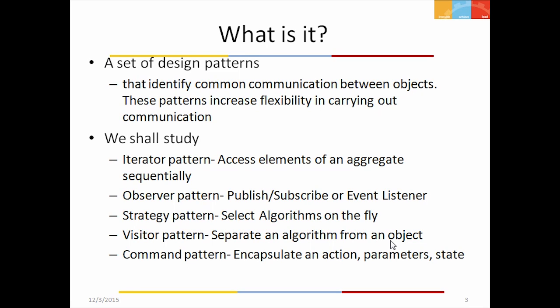Visitor pattern essentially separates an algorithm that is applied on an object from the object. So algorithms could be traversal and different types of access to various parts of the object. Command pattern essentially encapsulates an action. It encapsulates the parameter and the state all together. That's the command pattern.